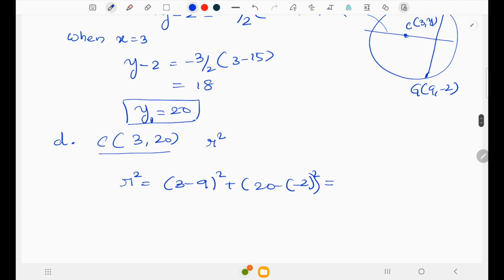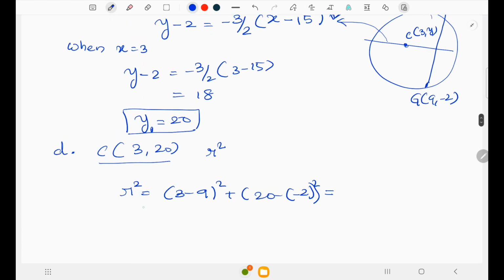So we know that from the circle equation, if we know any point on the circumference, then we can find the r square from the center and any point on the circumference, using the Pythagoras theorem.